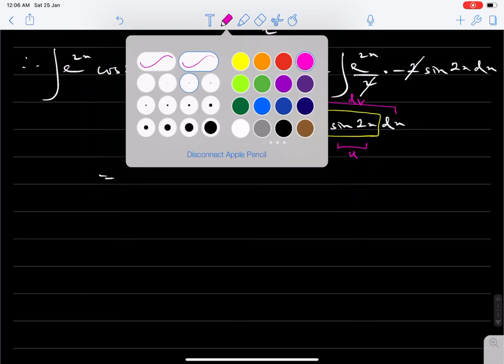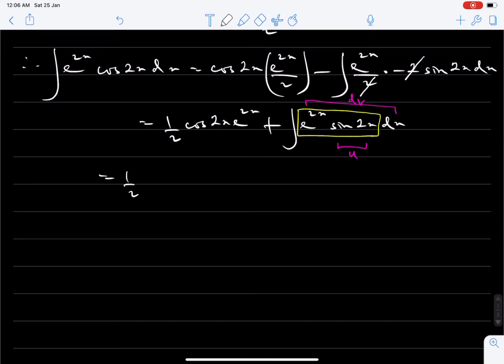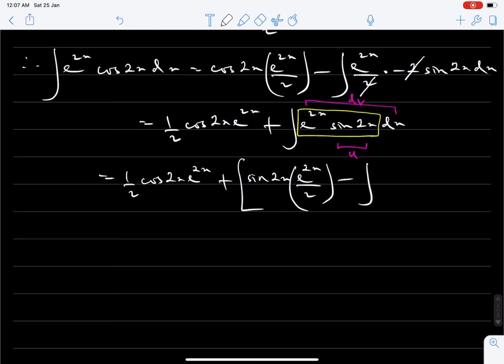So that means 1 over 2 cos 2x e raised to the power 2x plus uv, which is sine 2x multiplied by v, which is e raised to the power 2x over 2, minus the integral of v du, which is e raised to the power 2x over 2, and du is 2 cos 2x dx.